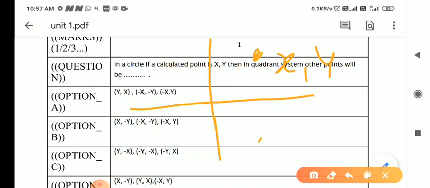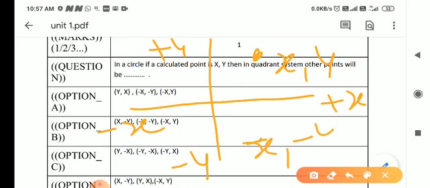In this quadrant we know that this is positive x, this is negative x, this is positive y, and this is negative y. So here the value of x will be plus and y will be minus. In this case both will be negative, minus x minus y.